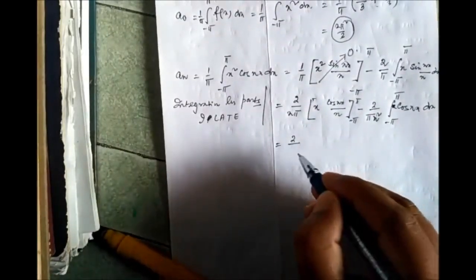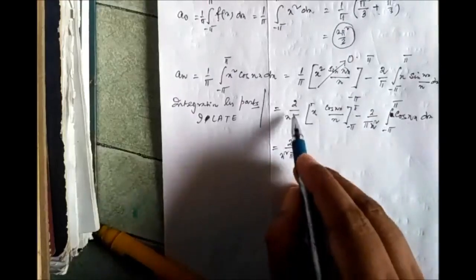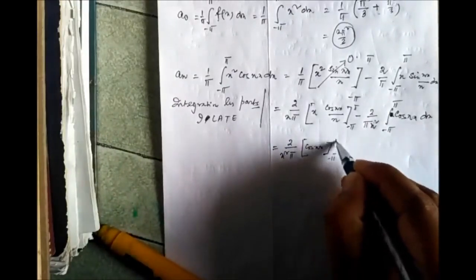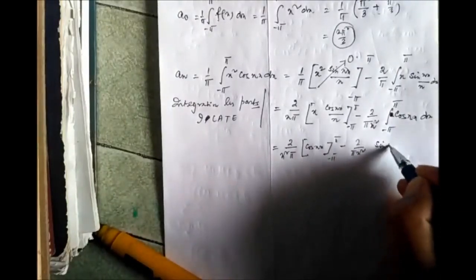Now x square comes here, so this is cos nx, again 2 by n square into pi comes here. This x will be differentiated and this gives me 1, right? So 2 by n square pi, ultimately cos nx from minus pi to plus pi, minus 2 by pi n square.